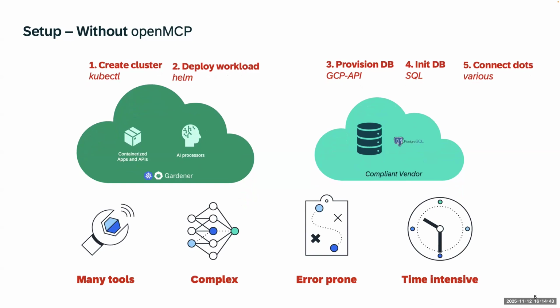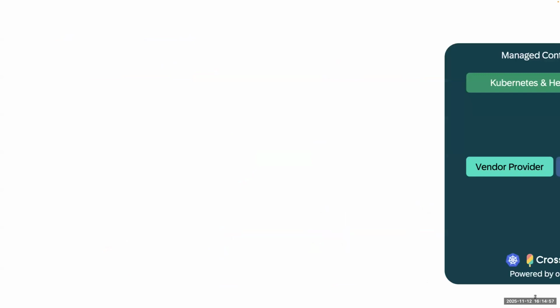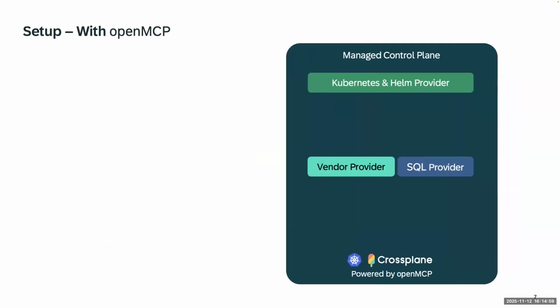Of course, manual or semi-manual work is error-prone, and it is also time-intensive. And I did not even speak about day two operations yet. So let's have a look at how that would look with the Open Managed Control Plane itself.